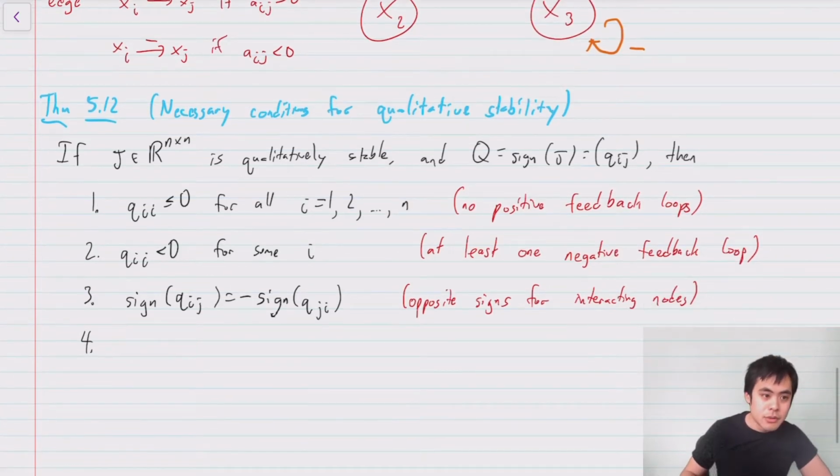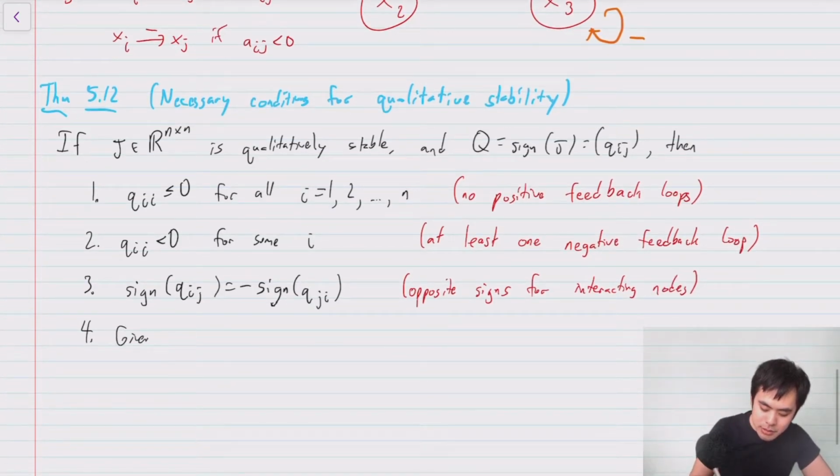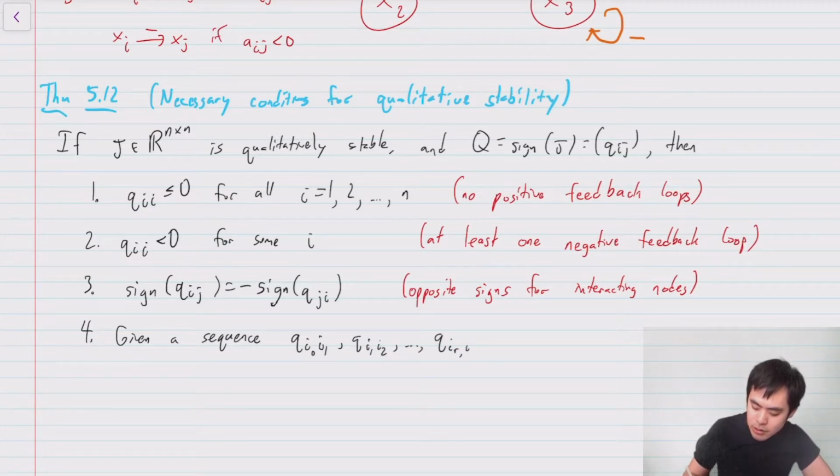Condition 4: given a sequence, so this is going to be a path. So given a sequence Q, let's say, i0 i1 through Q i1 i2 through Q iR i0. So that returns back to the beginning.